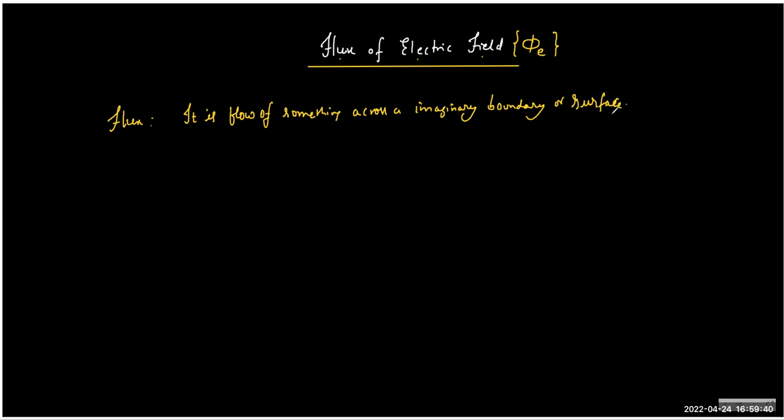So the flow of something across an imaginary boundary surface is called flux. If we talk about the electric field, then the flux becomes electric flux. If you talk about the gravitational field, then it becomes gravitational flux. We also have magnetic flux, velocity flux, current flux, and so on. So there are many fluxes in physics.